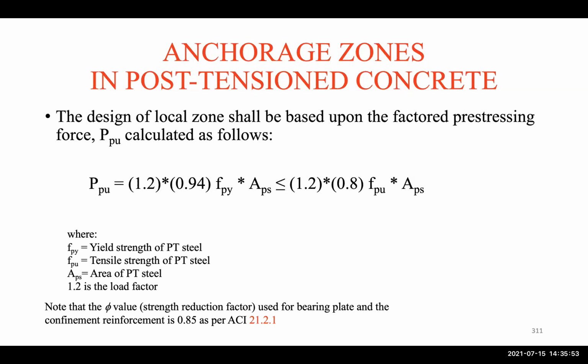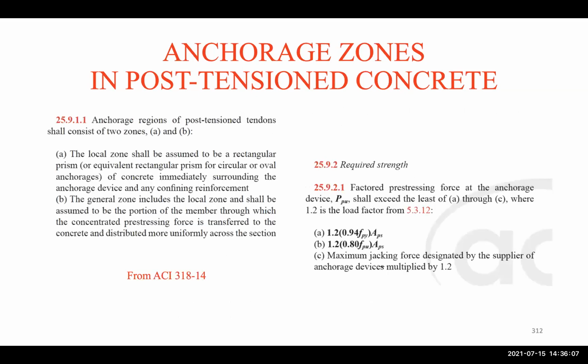It's also a function of the ultimate strength of the strands, FPU. So everything is defined here, and then we have the confinement reinforcement factor, 0.85 is recommended here. That's where it is taken from ACI, section 25.9.